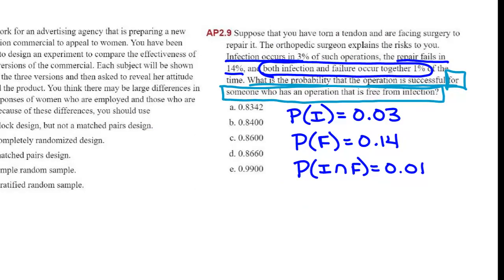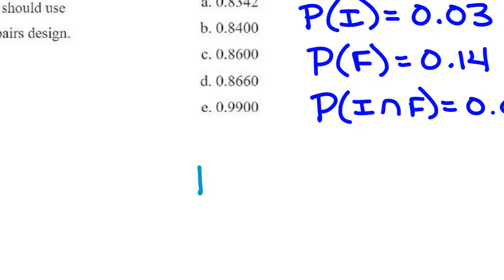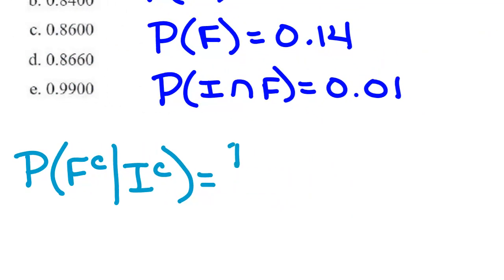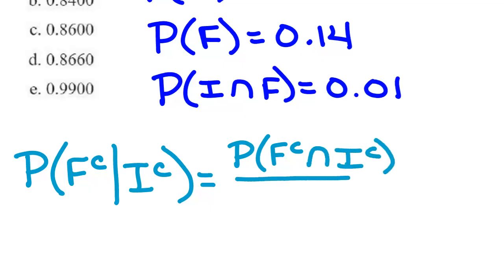So we are starting with the knowledge that they are free from infection. This is a given that situation. So the probability of failure complement, that would be success, given that infection complement. This is what we've been asked to find the probability of. For a given that situation, you have the probability of the intersection, so failure complement intersect infection complement, divided by the probability of whatever the known thing is.